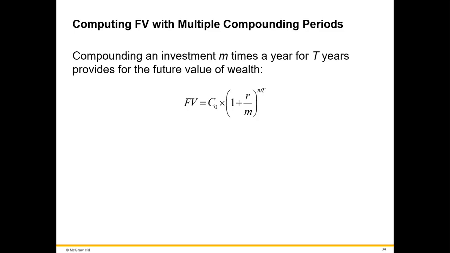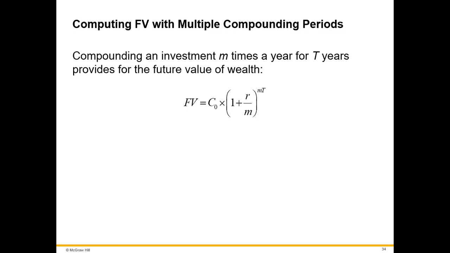Well, the first thing we do is we use our formula. Future value equals present value of our investments, or cash flow at time 0, times 1 plus the rate for the compounding period, which your author defines as R, the annual rate, divided by M, the number of times it compounds in a year. So R, 10%, if it's quarterly compound, divided by 4.